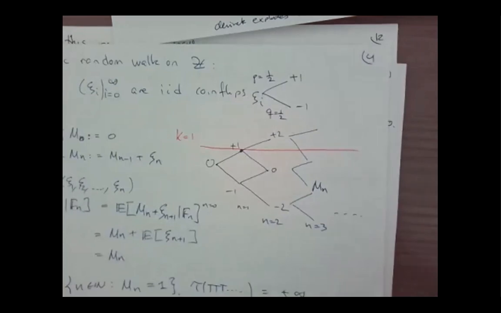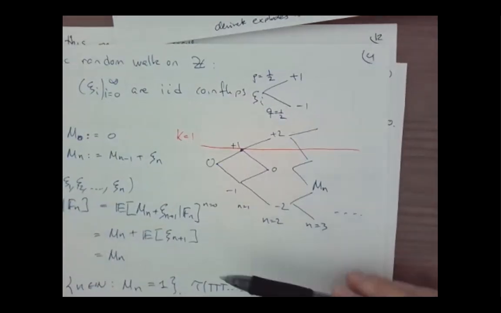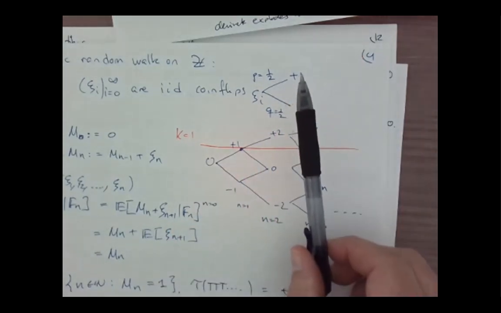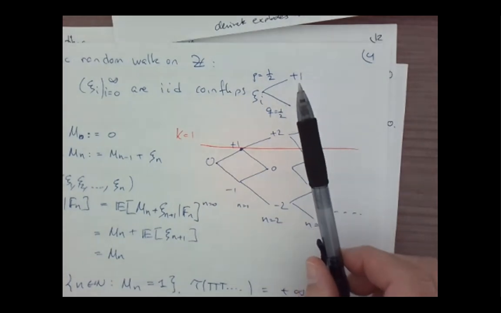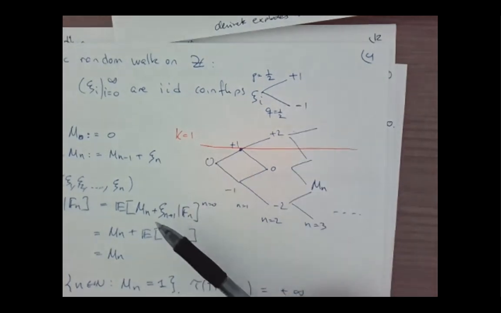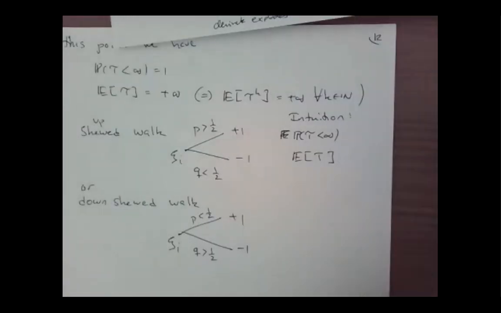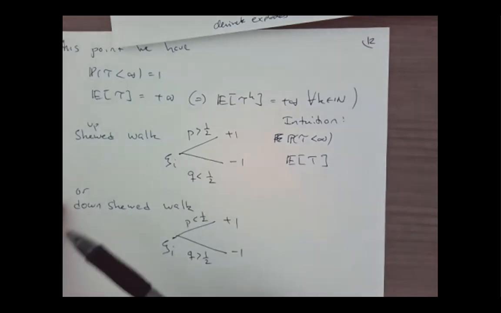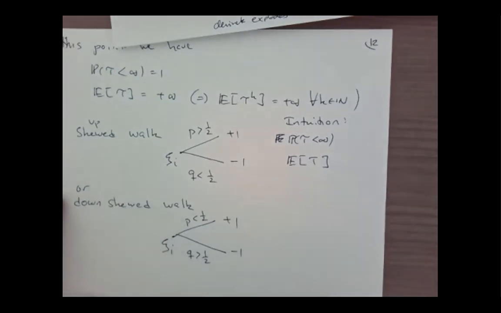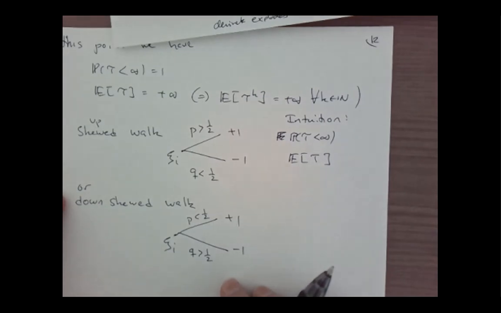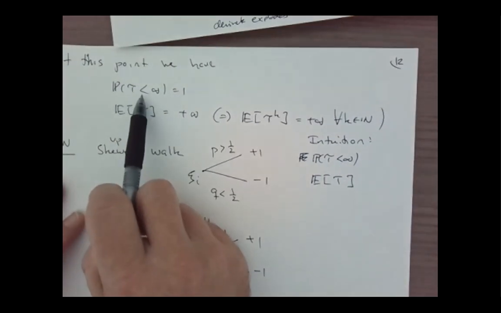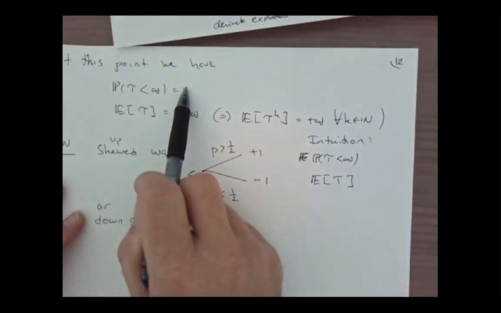So the picture is the same. We're still moving around in this tree, but in the up-skewed walk, there's a tendency for paths to go up, so you're moving in this direction. Will I still reach the level 1? Well, we just proved that in the symmetric case, I would reach the level 1.